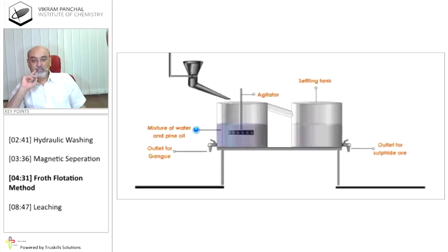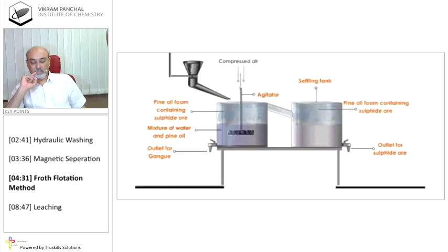The powdered sulfide ore is dropped in. Compressed air is blown in through the agitator. The agitator is rotated several times. Froth-containing ore starts rising up. The impurities settle down and are let out through an outlet at the bottom. Froth is dropped into a settling tank where the pure ore sinks to the bottom. Thus, the concentrated ore is ready for further processing.